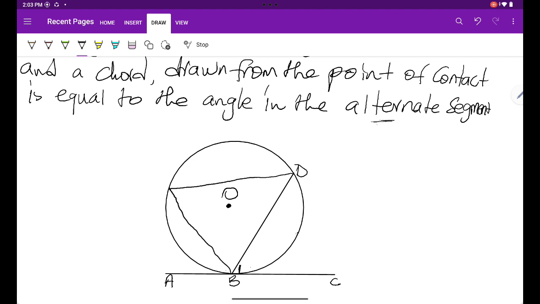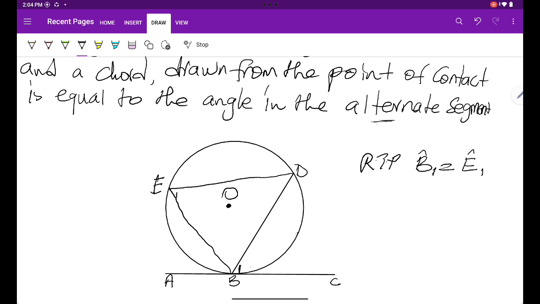So we can call it an angle E, let's just say it's E1. So we are required to prove that angle B1 equals angle E1. This is what we are required to prove.